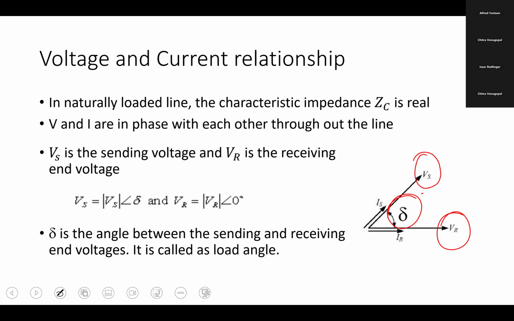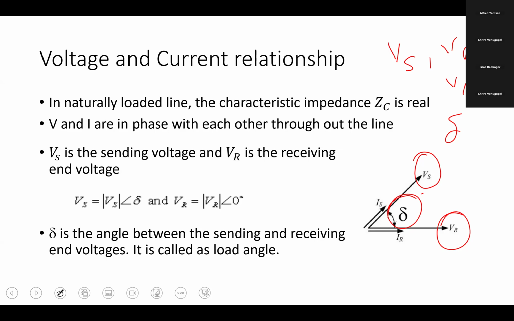So now we are talking about the terminologies that we need to look at. Sending end voltage, receiving end voltage, and then we have to look at the V over F ratio. And then we are talking about the angle, delta. Delta is the angle between the sending end voltage and the receiving end voltage.